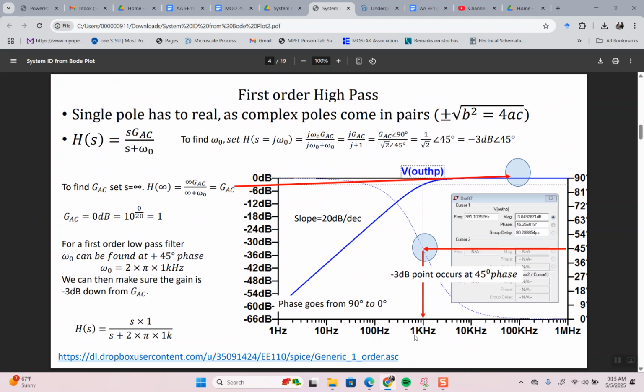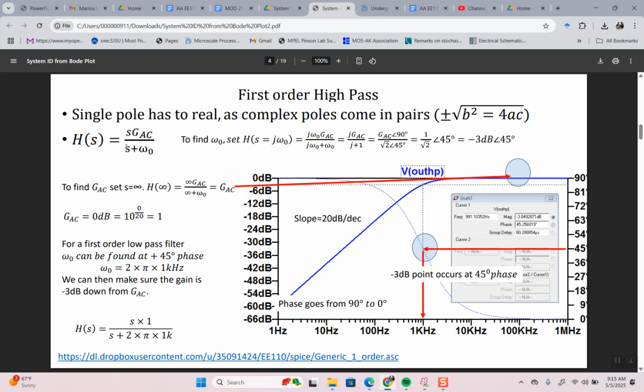So the high pass, all right, the shape is going in the opposite direction, but we have s divided by s plus omega naught, plus gain AC. So I come way out here, and what do I have? Oh, 0 dB. Well, again, gain AC is 1.